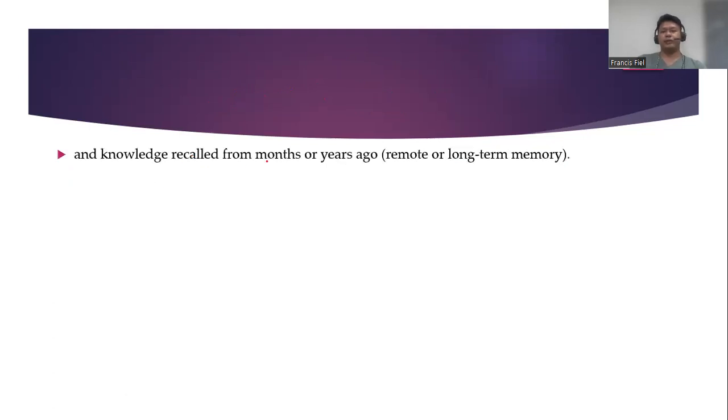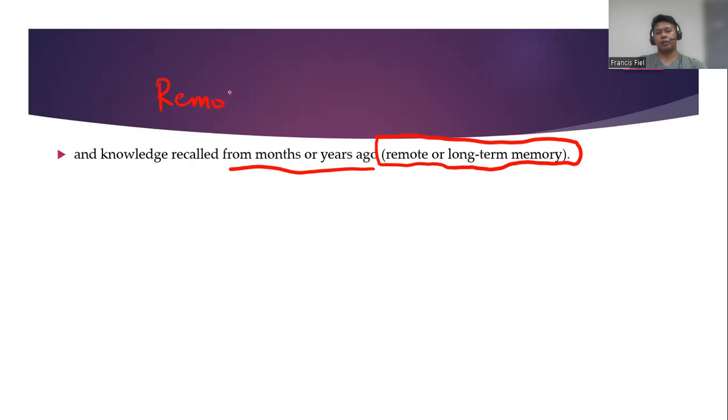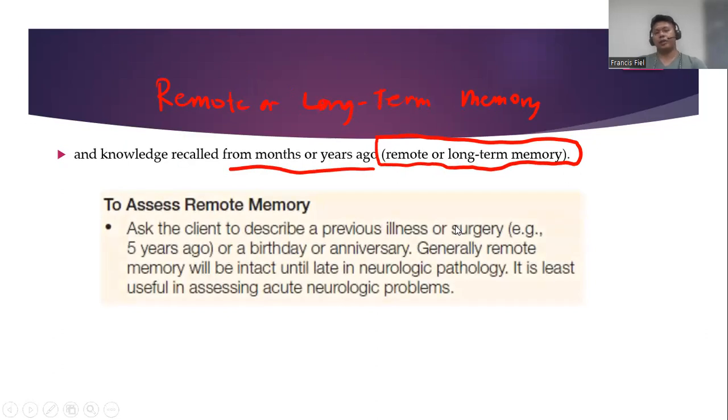And knowledge recalled from months or years ago, pag sinabing months or years ago, ang tawag dyan is remote or long-term memory. No? Pag matagalan na. So, sulat natin dito. So, you are remote or long-term memory. Yan. So, pang matagalan na. So, how to assess this? Usually, you ask the client to describe, no, general illnesses or surgeries 5 years ago, no, matagal na 5 years ago.